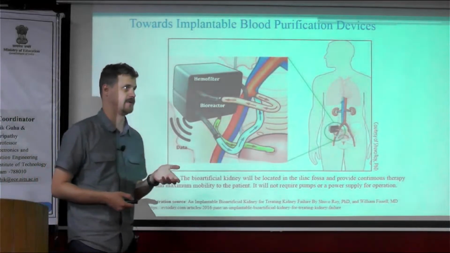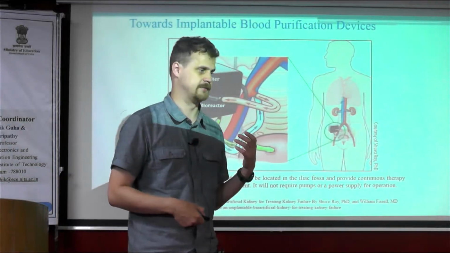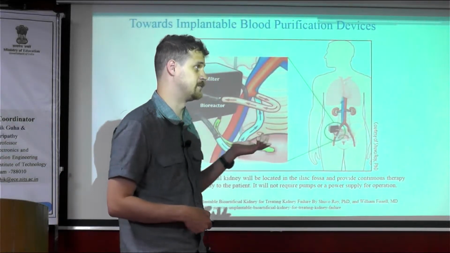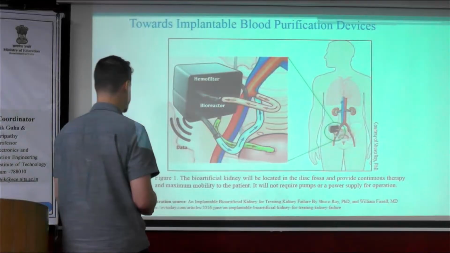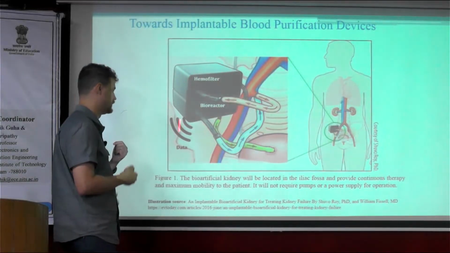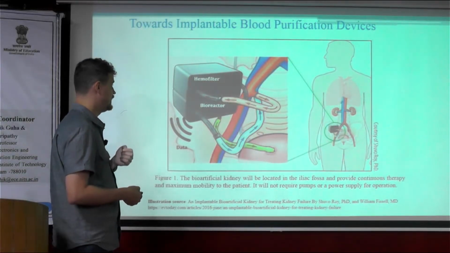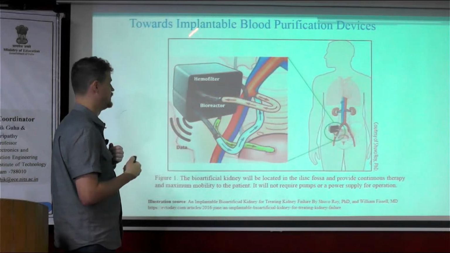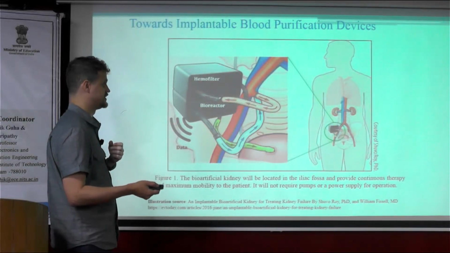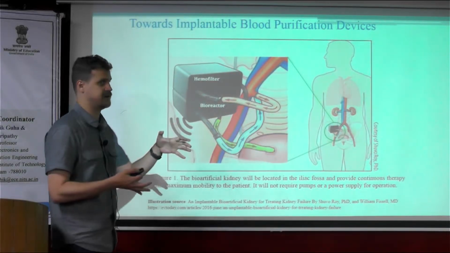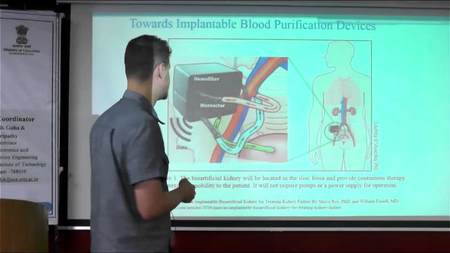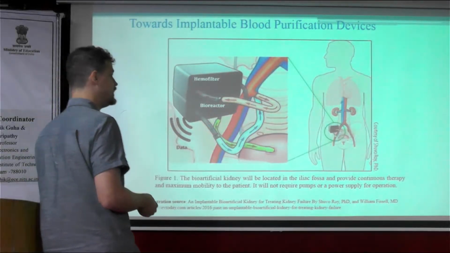And if we talk about the current most prominent prototypes of implantable artificial kidney, such as the first prototype of the X kidney, it's basically an attempt to implement the system that was discussed earlier in the form of a very small apparatus that combines the hemofilter and bioreactor.